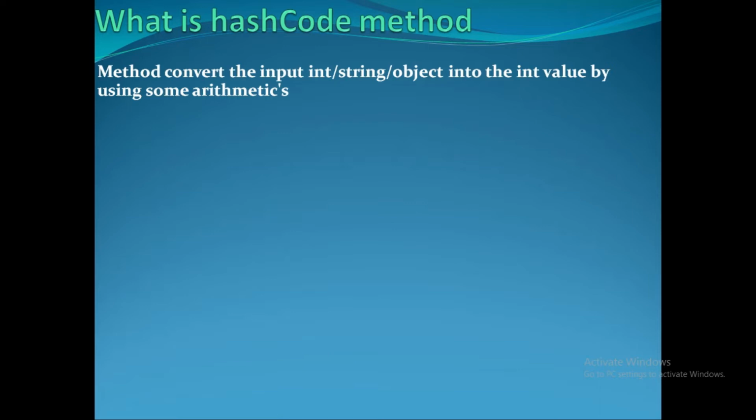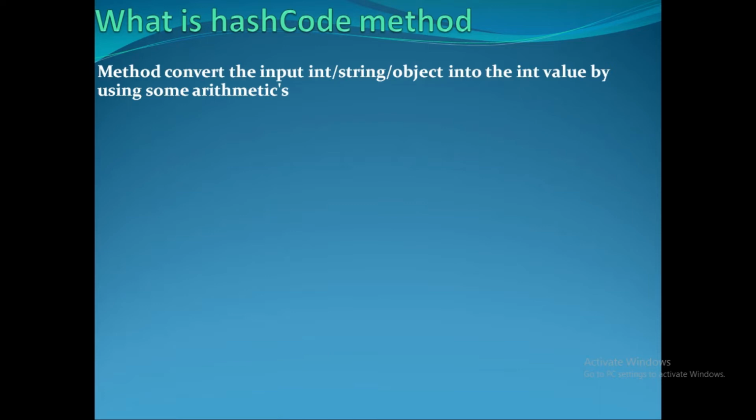It is recommended that whenever you create your own custom class, like Student, College, or whatever real-world entity class we are going to create, you always override the equals and hashCode methods. In Java we already have wrapper classes like Integer, String, Character.